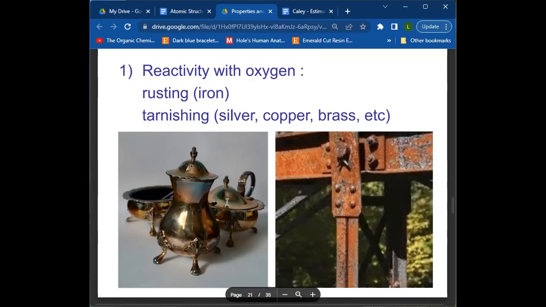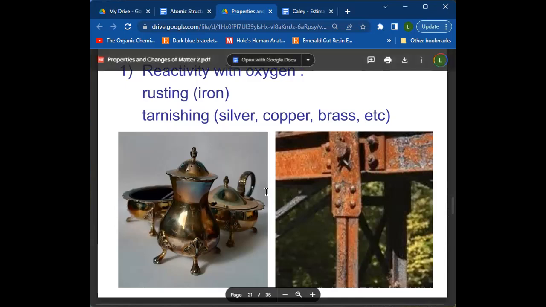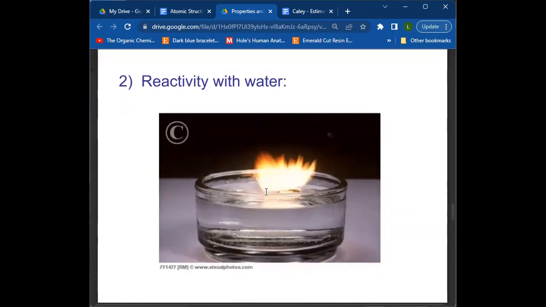And then silver, copper, and brass, they also have that chemical property of reacting with oxygen. Okay, then reactivity with water.